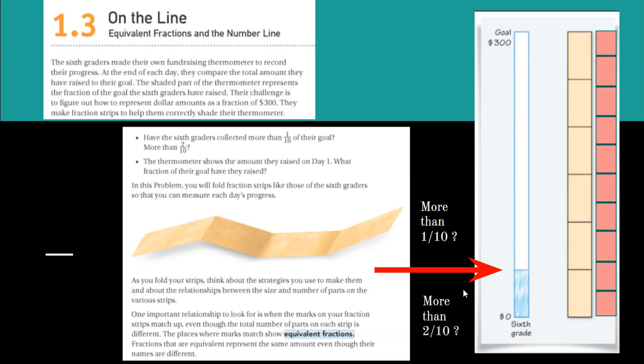So here are some strategies that you can use if you are going to go ahead and fold up those strips. You can think about how to start. So for example, if you are going to make any even numbered strip, in other words, halves, fourths, sixths, eighths, tenths, twelfths, you can certainly start by folding the fraction strip in half.